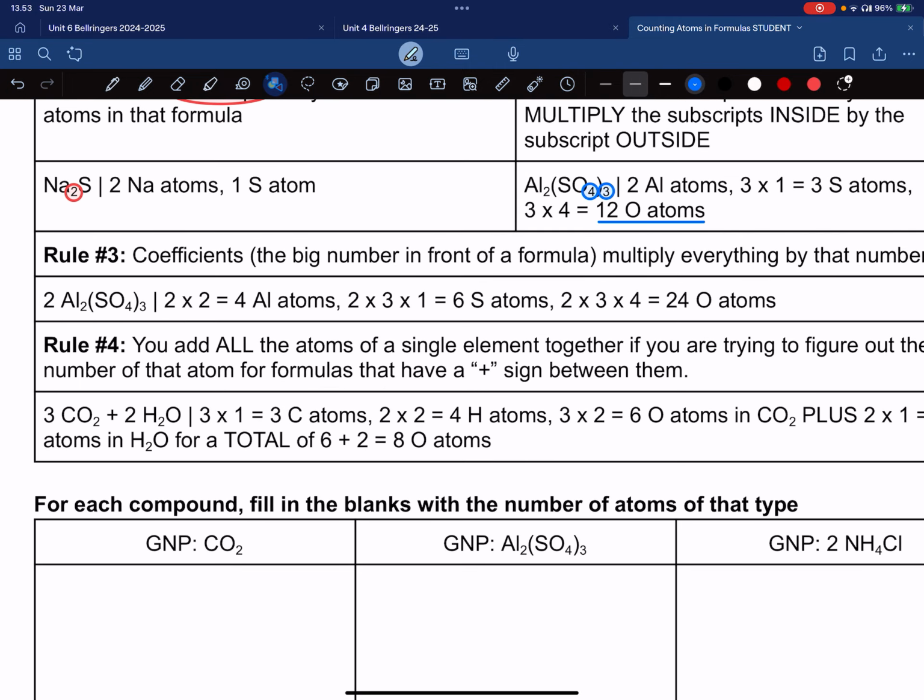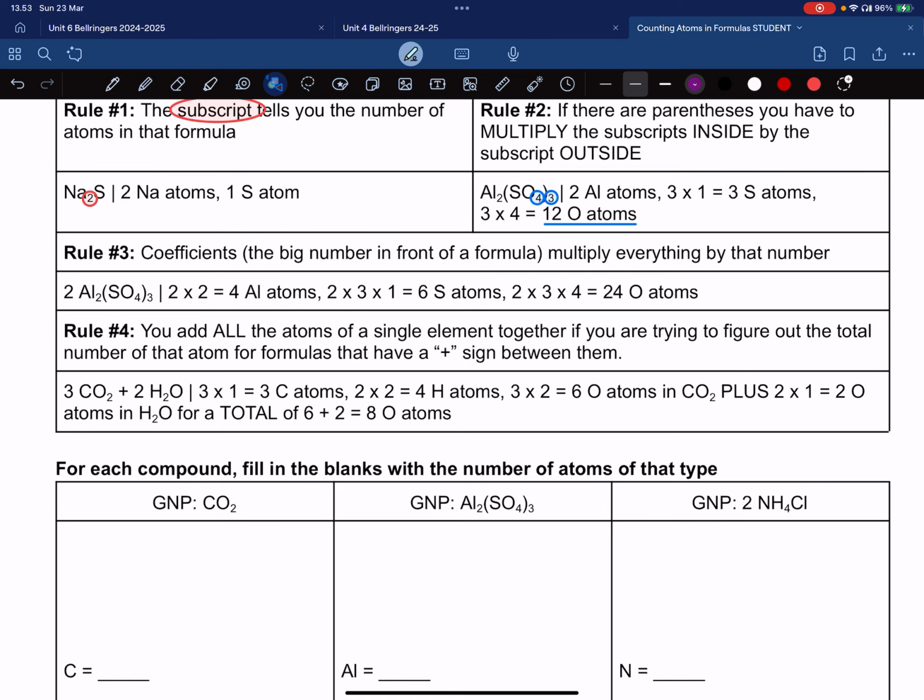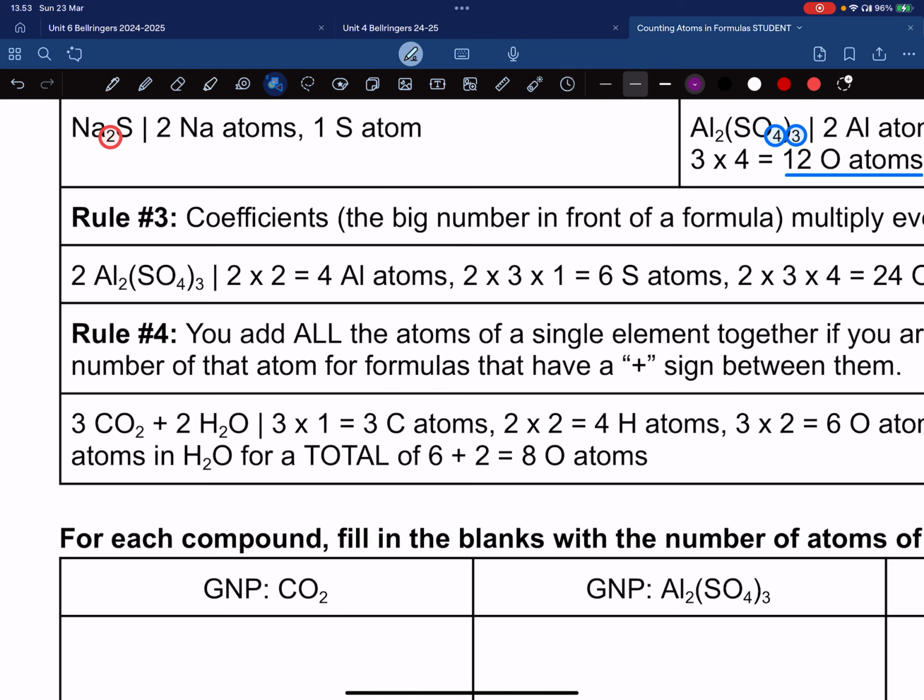Number 3, coefficients. Coefficients is the big number in front, and everything gets multiplied by that number. So this is a coefficient. So for aluminum, 2, the coefficient, multiplied by 2, the subscript, will give you 4 aluminum atoms.